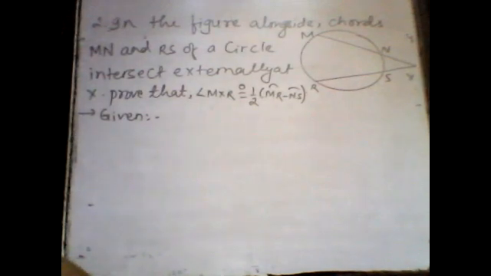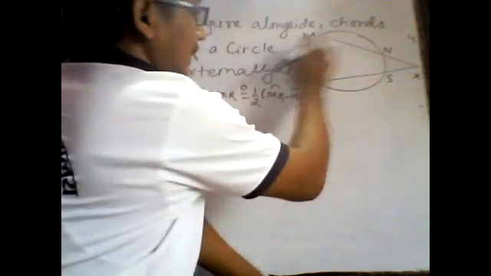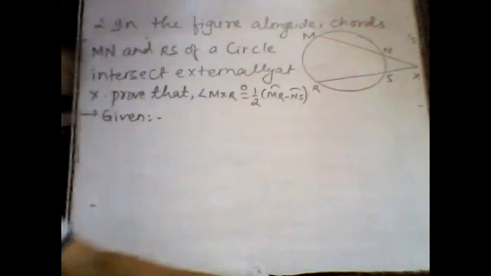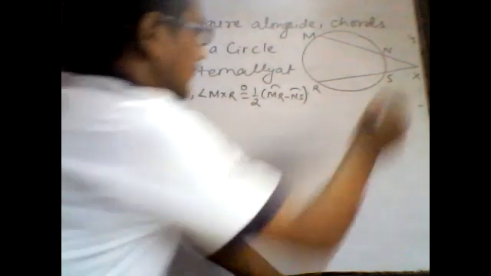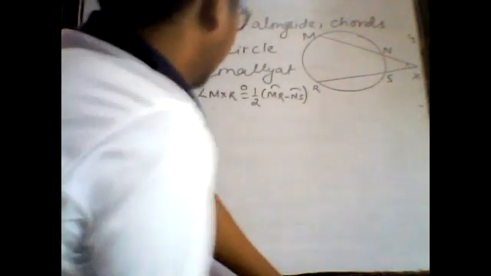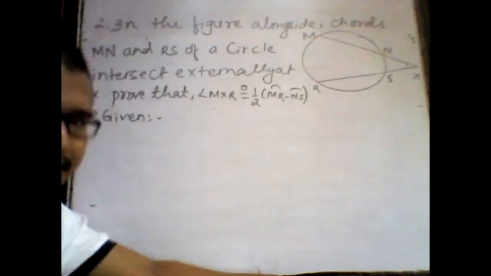Now see the next question. In the figure alongside, chords MN and RS of a circle intersect externally at point X. This point is X here, and the two chords MN and RS intersect at the external point X. You have to prove that angle MXR is equal to half of arc MR minus arc NS.